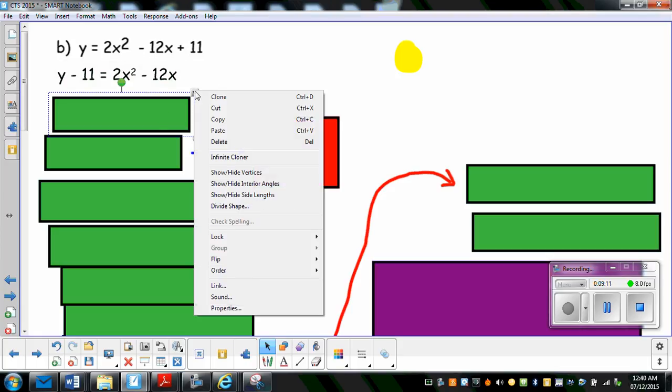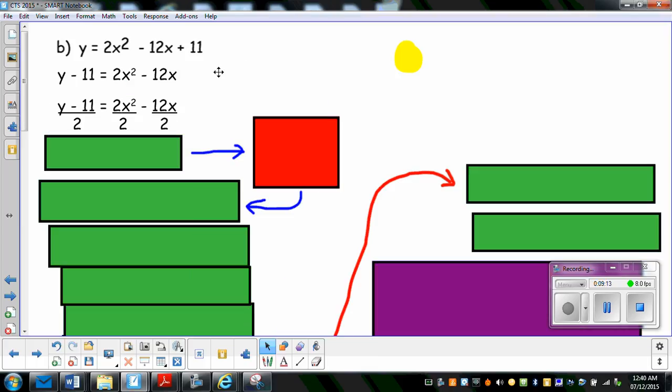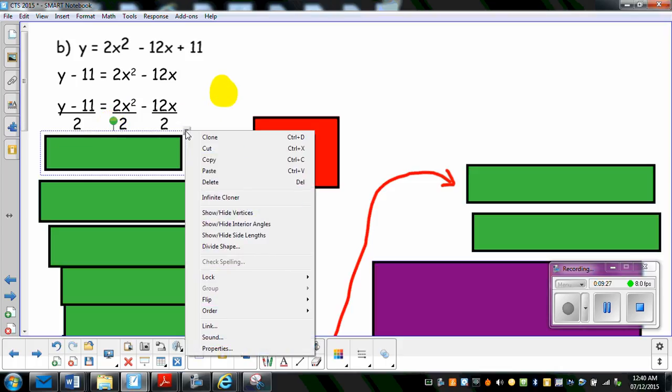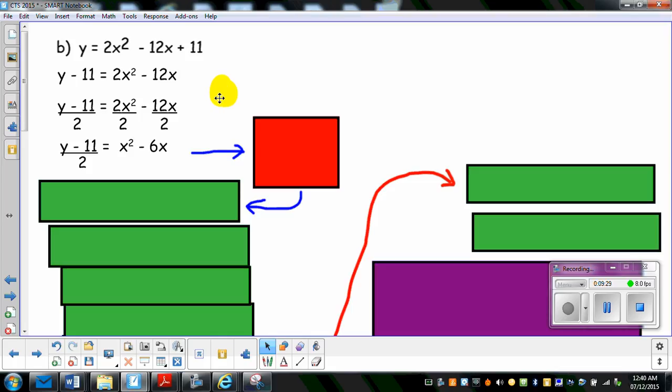Next thing I need to do is divide by the number in front of the x squared. I divide it once on the other side underneath both things, and then I divide it by each of these separately. When we simplify that part, you can see that the 2 and the 2 cross each other out, so we have x squared. And here 2 divides into negative 12 negative 6 times, and the other side we just leave for now.